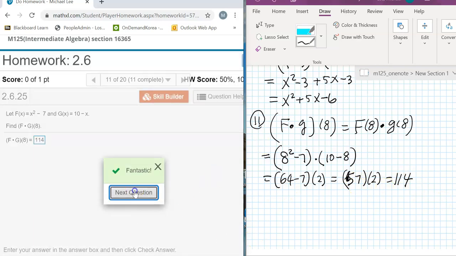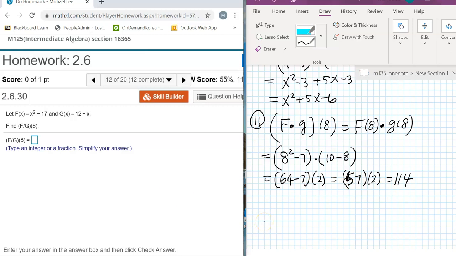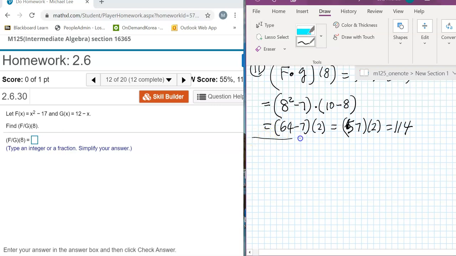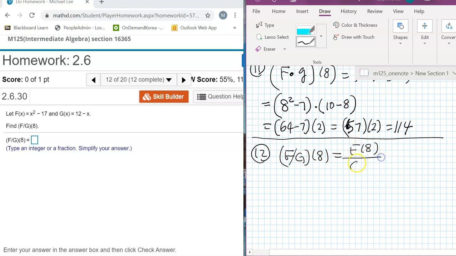And then the next one is number 12. This is almost the same thing. Number 12, they're asking f over g of 8. That is the same as f of 8 divided by g of 8. So what is f of 8? 8 squared minus 17 is the numerator. The denominator is 12 minus 8.